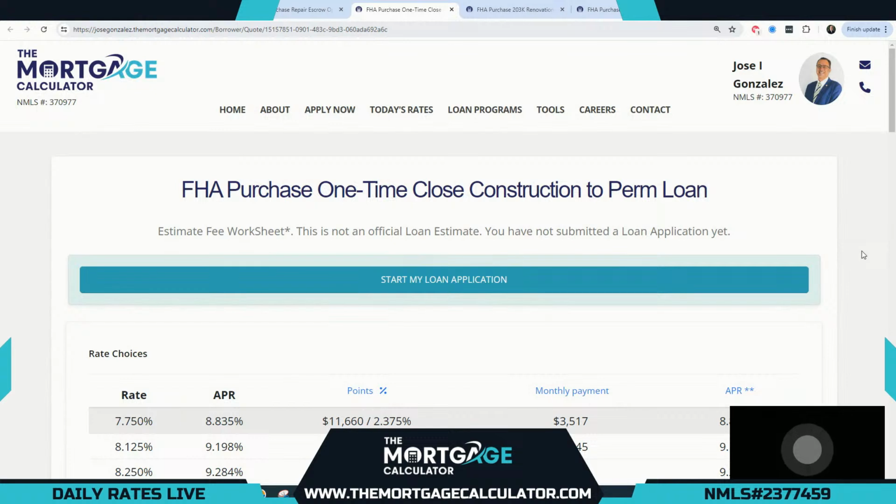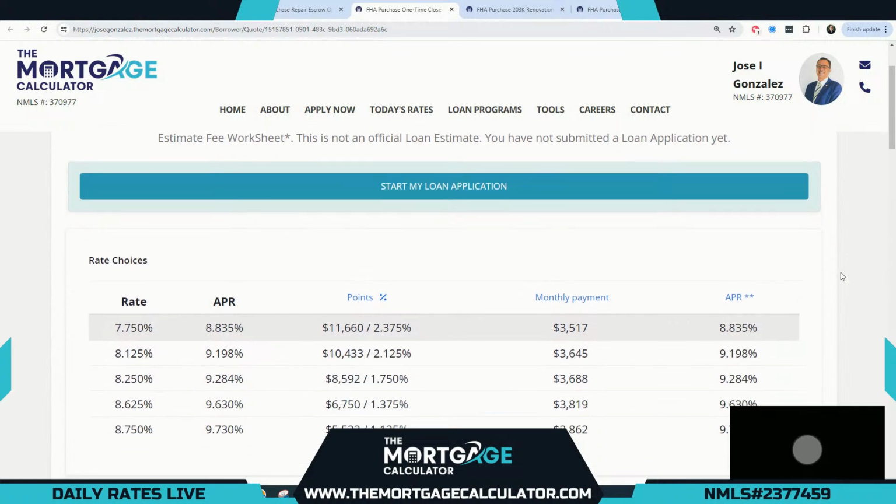And the best part about the one-time close is that the construction loan converts to the permanent loan, the 30-year loan at the end of the construction, without the need to have an additional closing. So 8.75 is your lowest cost option at a cost of 1.125, and you can buy that down all the way to 7.75.